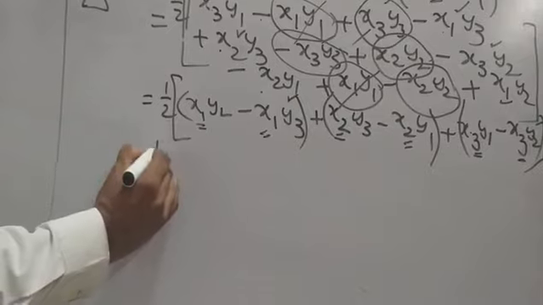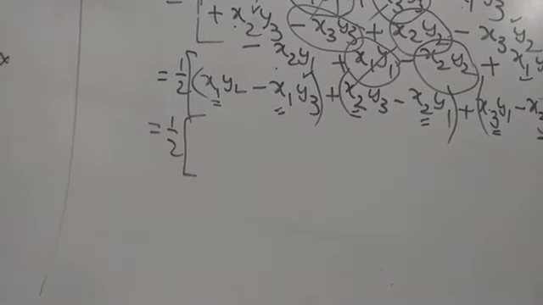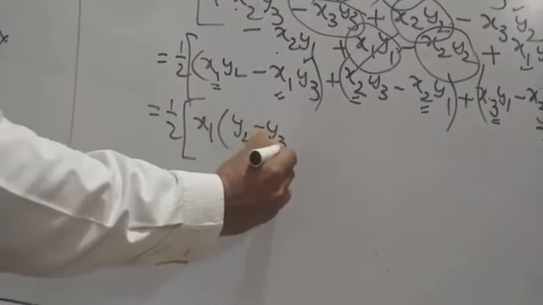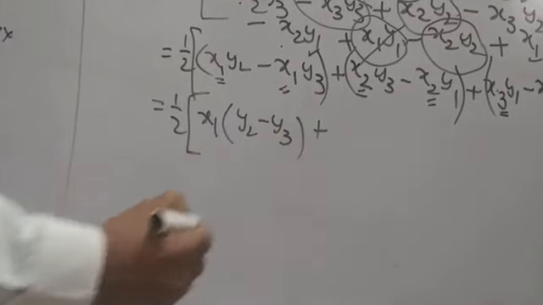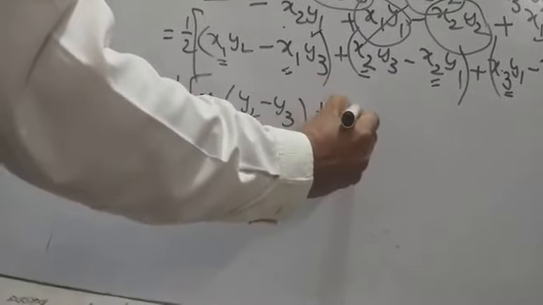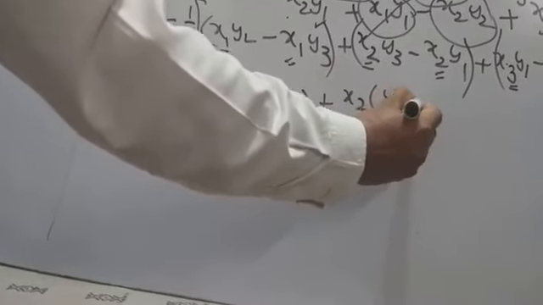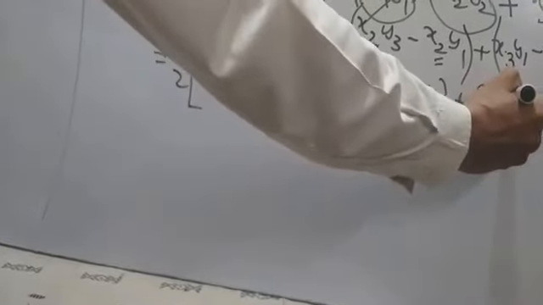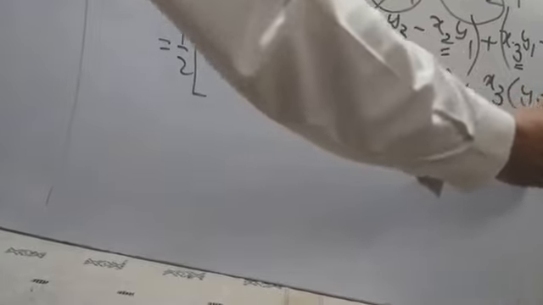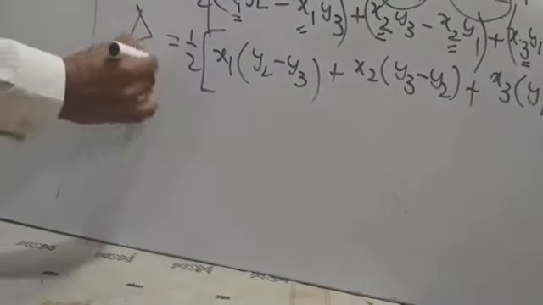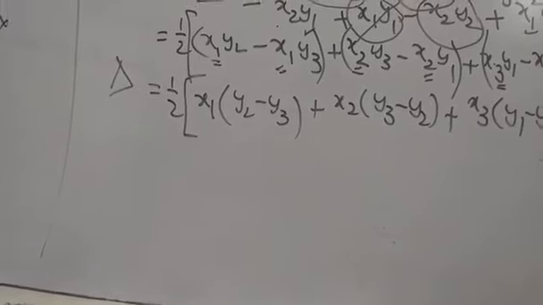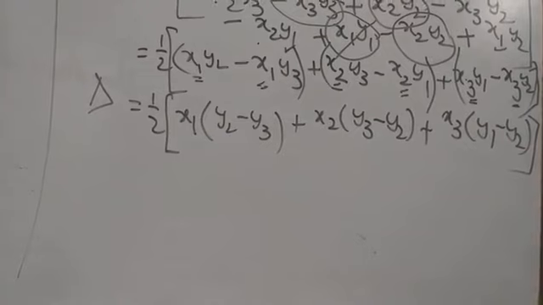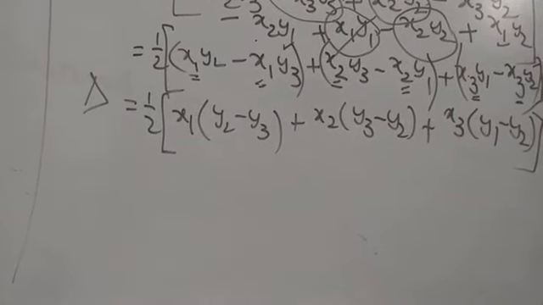So take that term common, that is nothing but half of x1 of y2 minus y3 plus x2 of y3 minus y1 plus x3 of y1 minus y2. So this is the formula for area of triangle when the three vertices x1, y1, x2, y2 and x3, y3 are given.